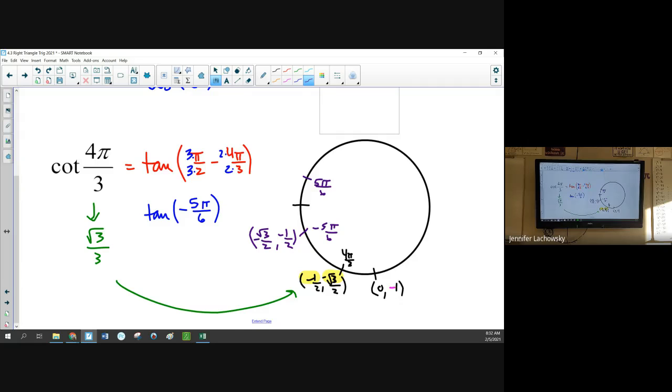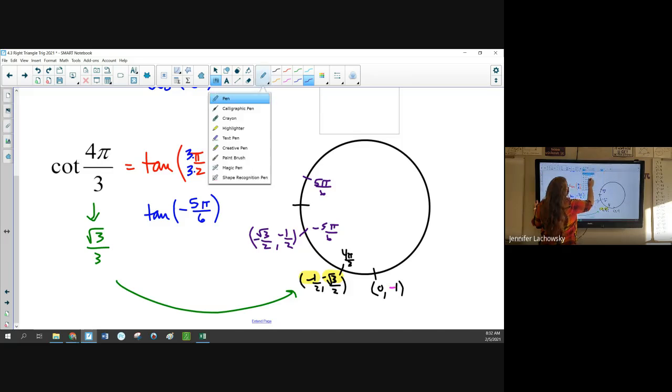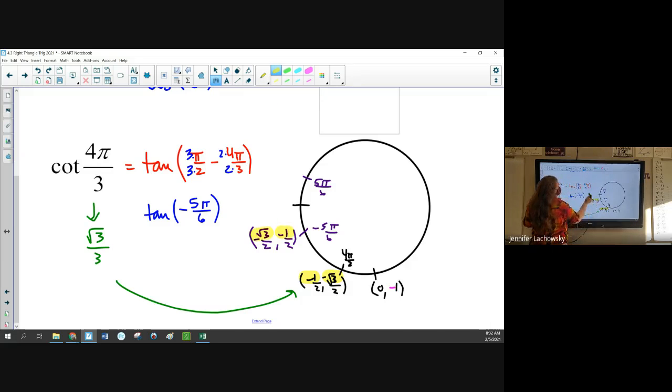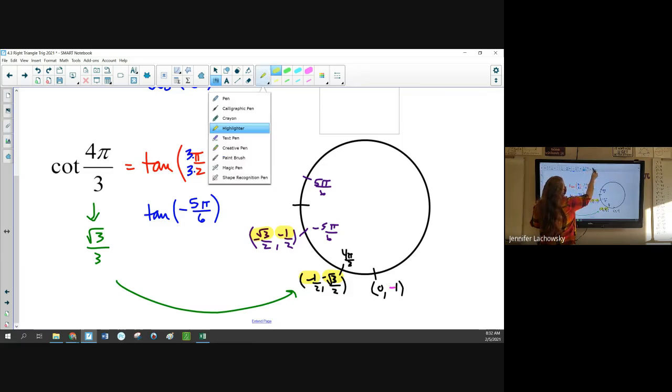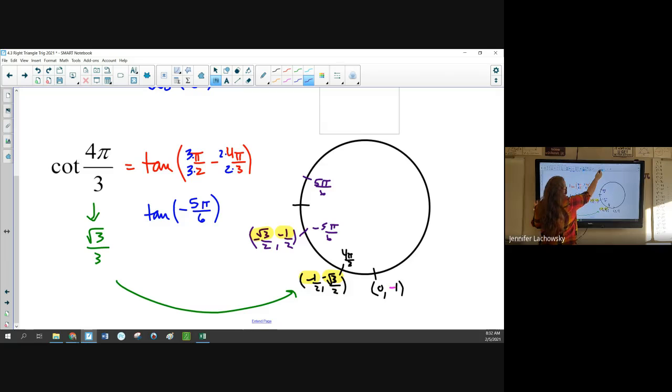Tangent is whatever what? Sine over cosine, so that would be y over x, good. So negative 1 over negative root 3, which is just what? Square root of 3 over 3. Are they the same? They are. Just proving that this still works, even if it's past 90 degrees, okay?